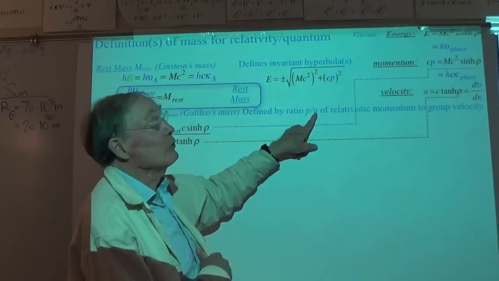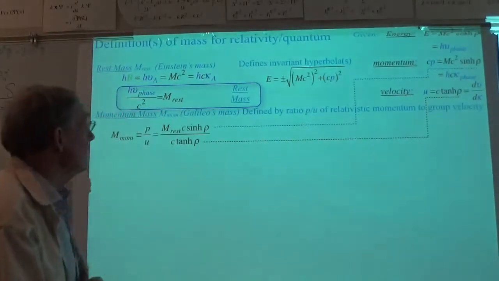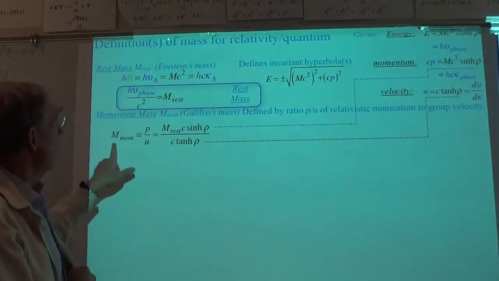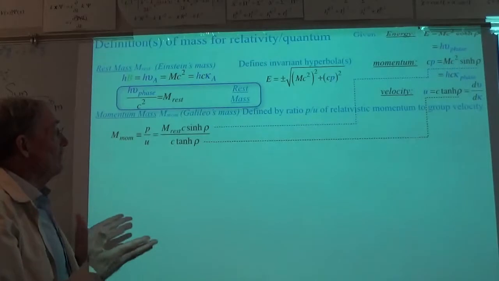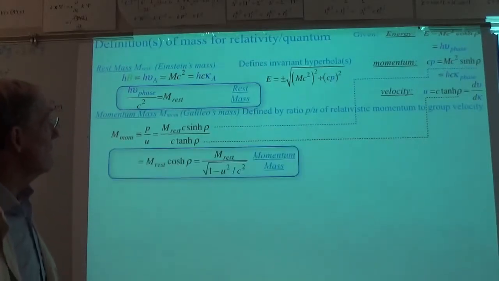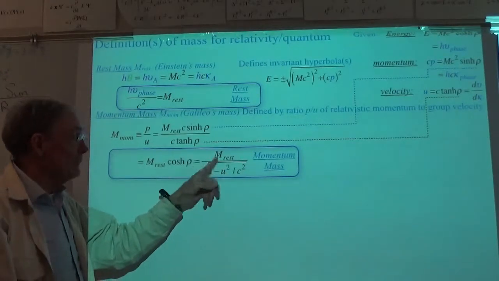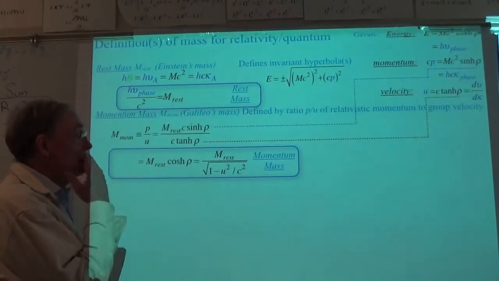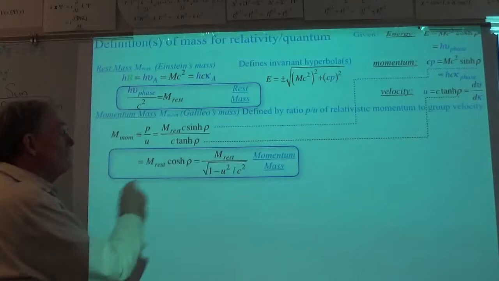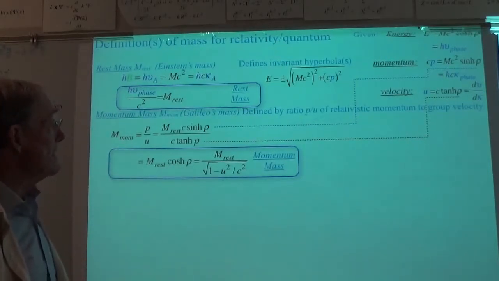And then U will be the group velocity, which is the hyperbolic tangent. So I'm going to have a hyperbolic sine over a hyperbolic tangent. That's what the momentum Galilean mass, I might call it, Galileo's mass, is. Well, that's what people say all the time in relativity books, is that momentum just means the mass gets heavier by the dilation of the, well, it's a hyperbolic cosine for us.